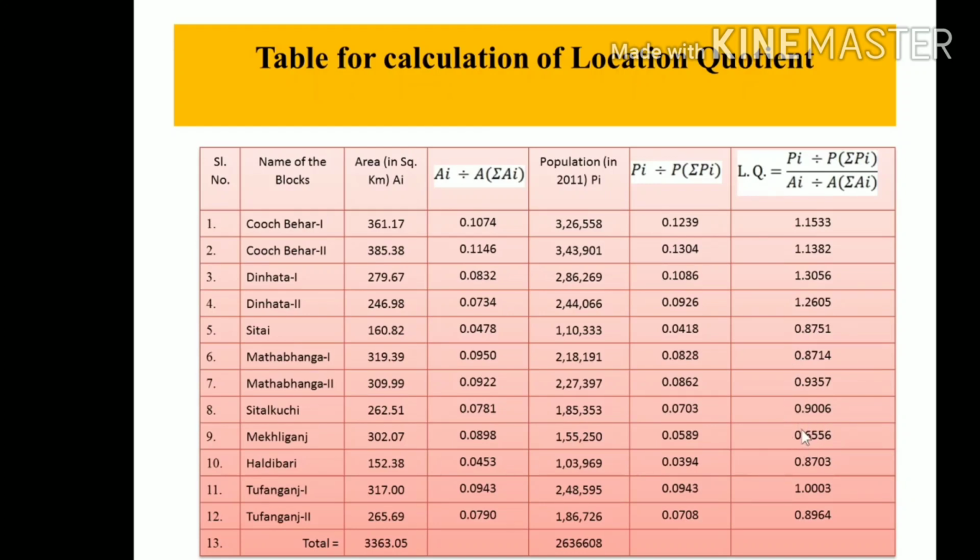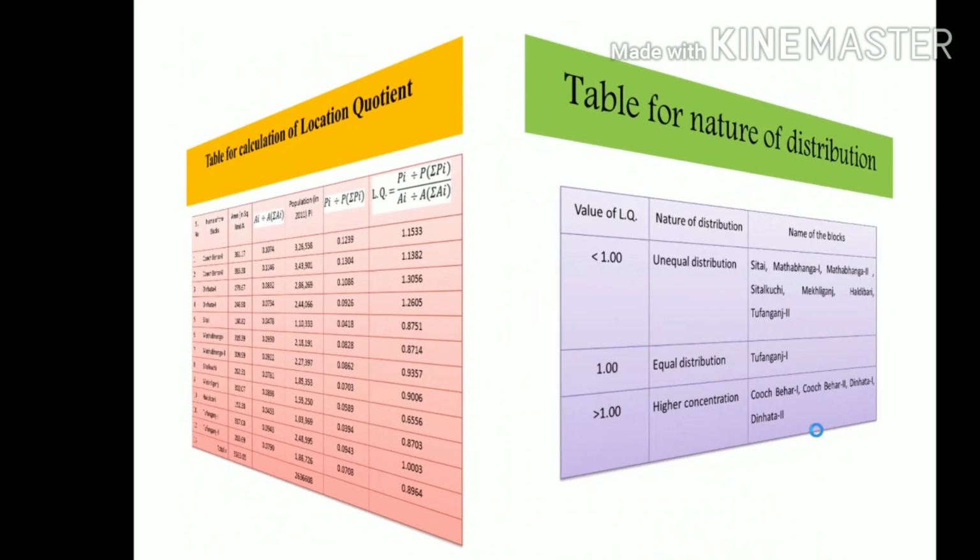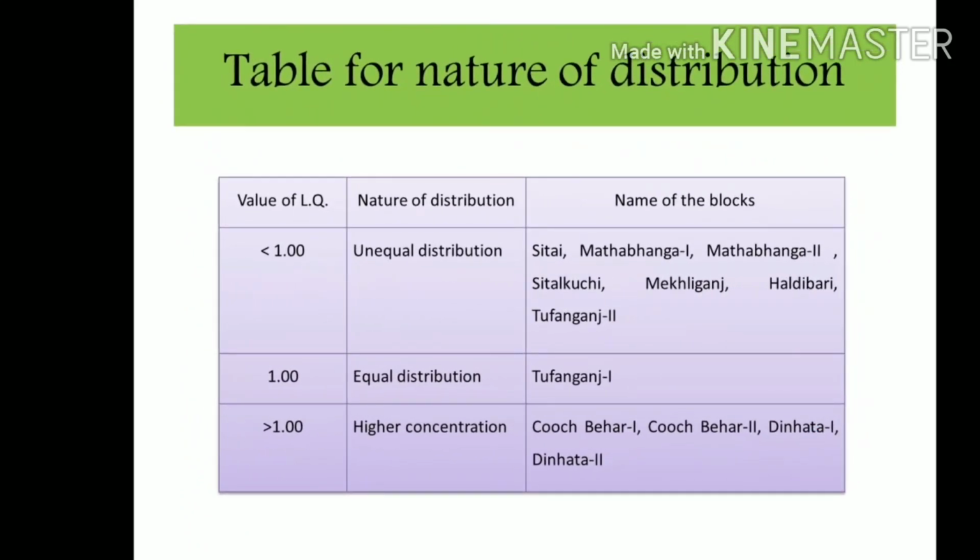The blocks of the district are categorized into 3 subgroups according to area and population to show the relative concentration of population of the district. The value of location quotient is more than 1 in the blocks of Cooch Behar 1, Cooch Behar 2, Dinhata 1, Dinhata 2 blocks.